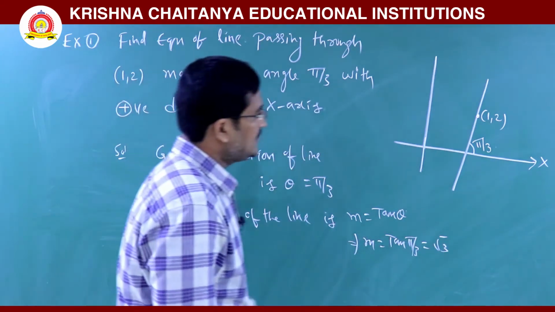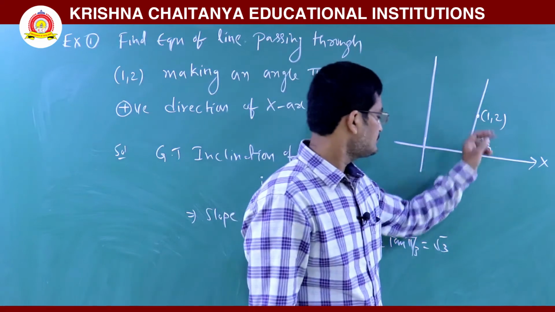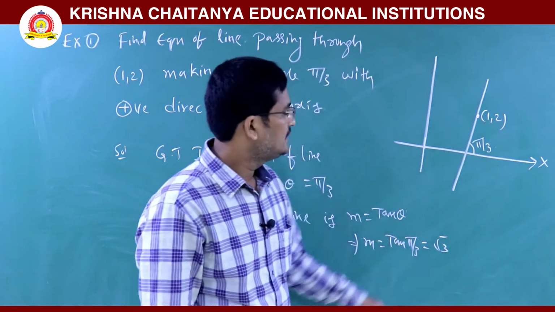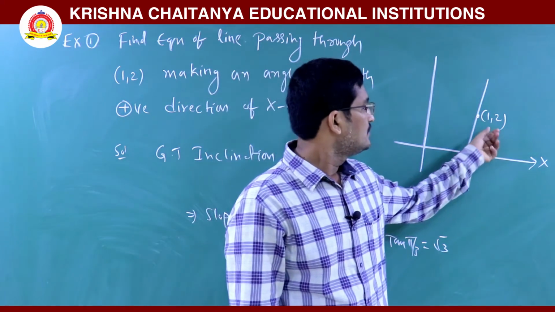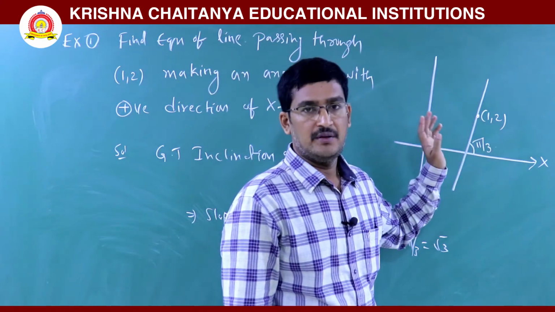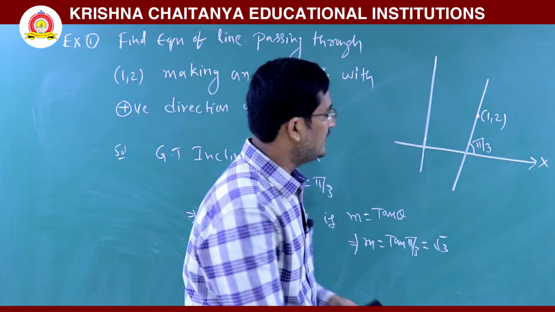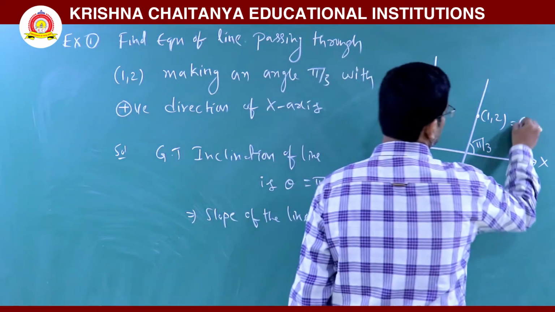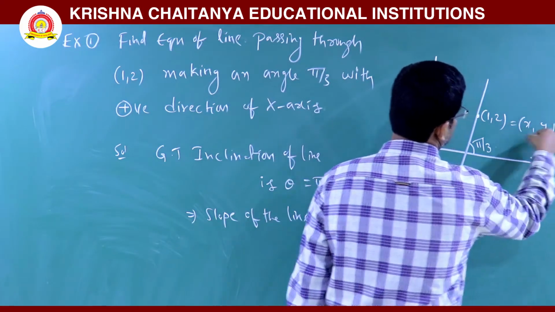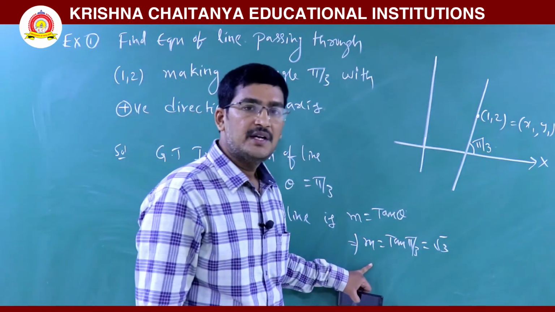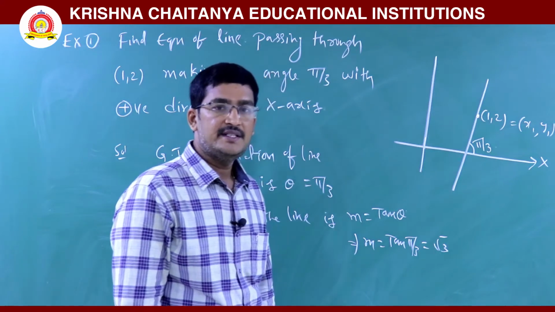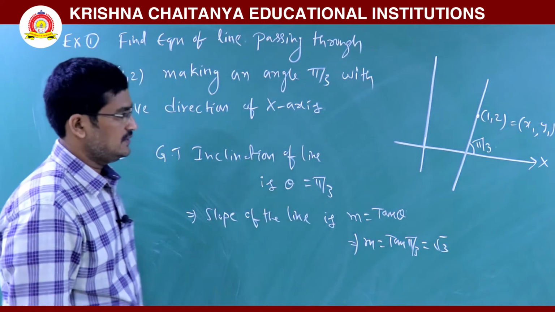So, this is the line passing through (1, 2) having slope root 3. To get the straight line equation, we use the slope point form. This is the line passing through (x1, y1) having slope m. The formula is y minus y1 equals m into x minus x1.